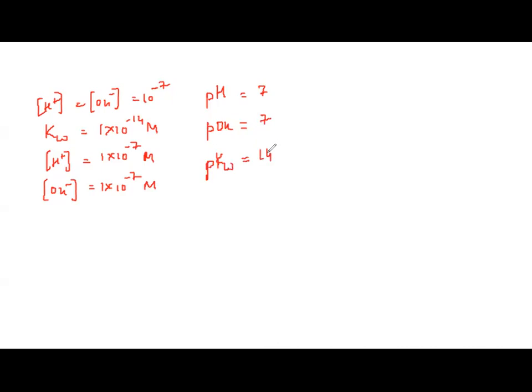What is the pKw value for a neutral solution? It is 14. So if I make a diagram, or sorry, a tabular column for an acidic solution, a neutral solution, and a basic solution.